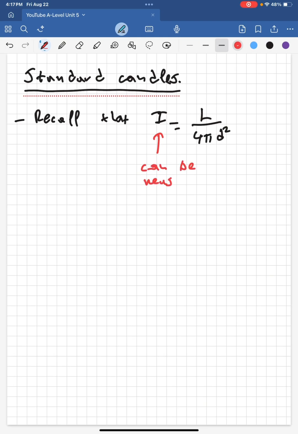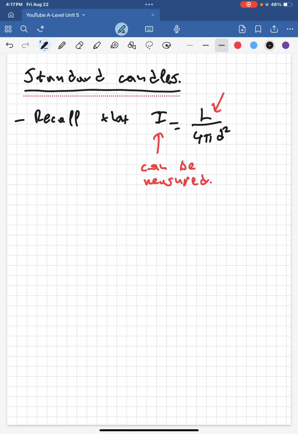Now, theoretically, if that luminosity is known, then we just have to measure the intensity and then we can automatically find the distance. We already discussed this, of course.